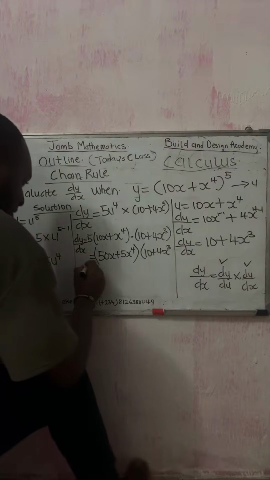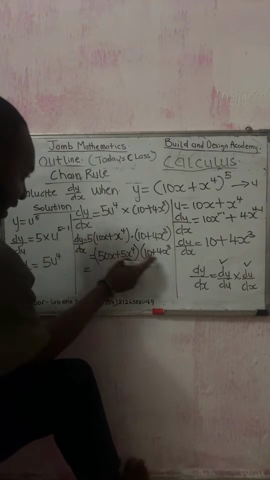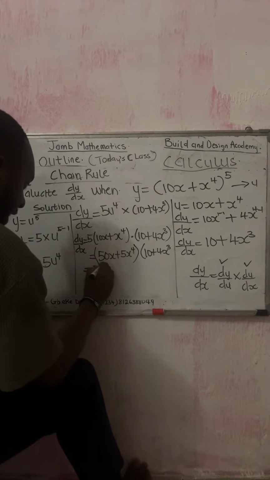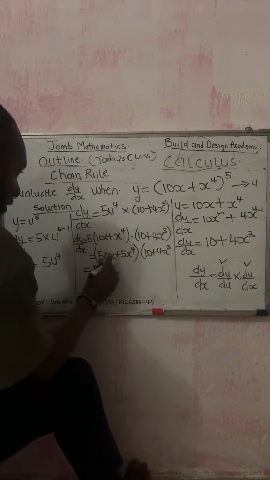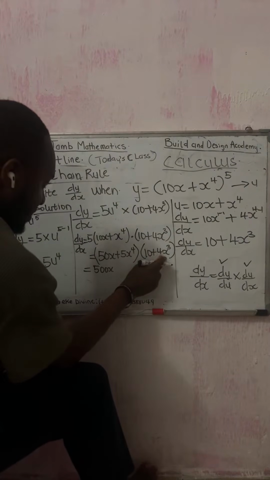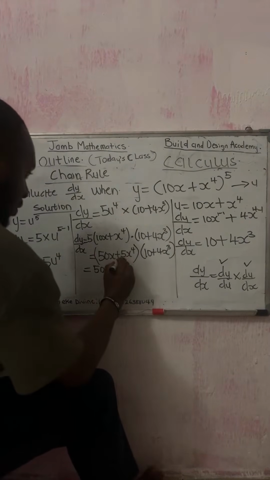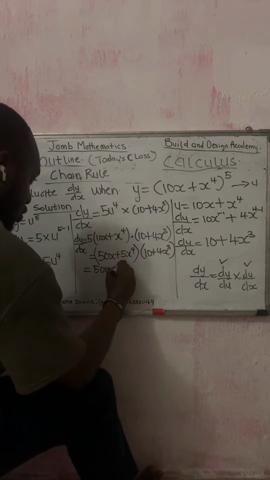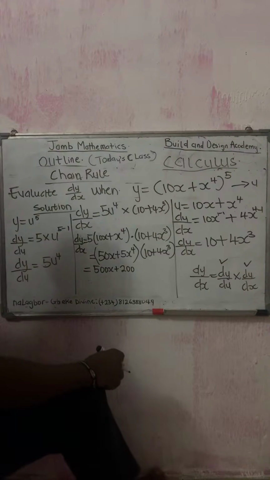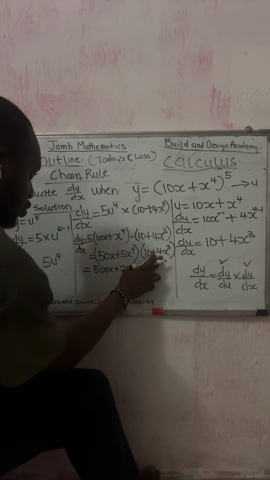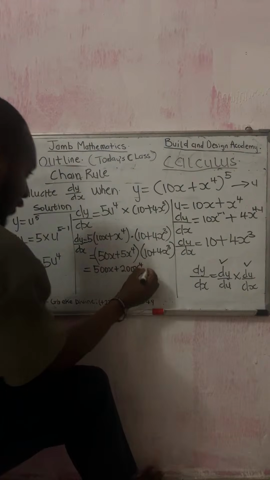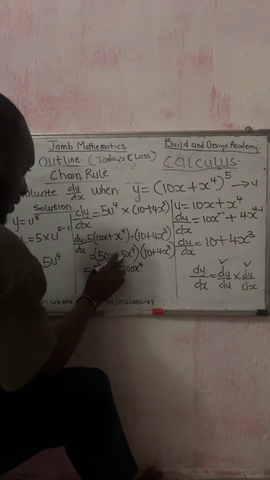So we now have that 50x times 10 will give us 500x. 50x times 4x raised to the power 3 will give us plus 200x raised to the power 4.